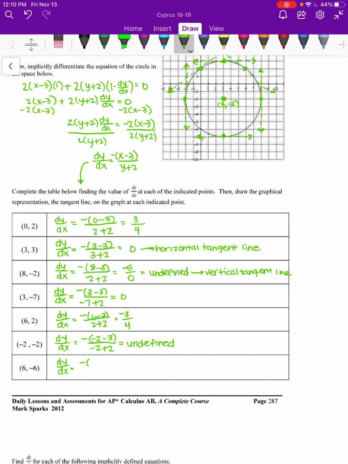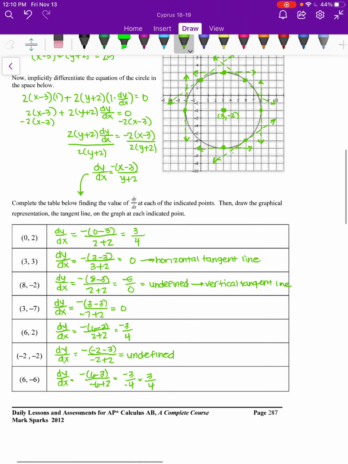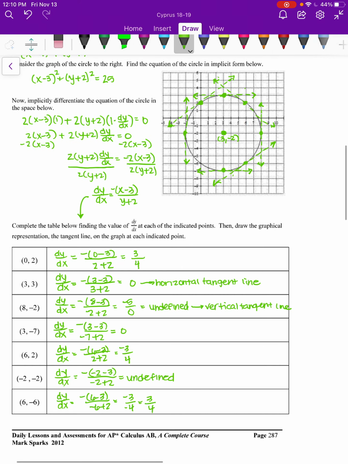And then last one, 6 minus 3 over -6 plus 2 is, oh, -3 over -4, or 3 over 4. So 6, -6 right here. See that tangent line. Okay.